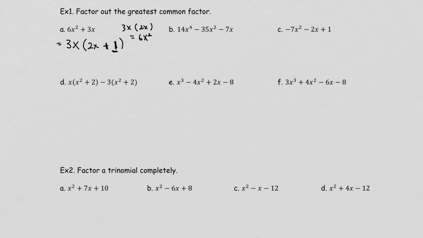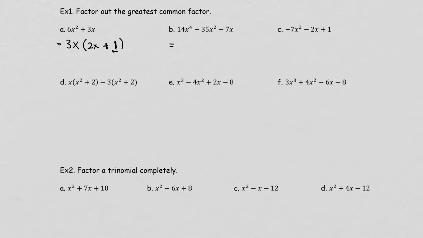So let me erase this, and let's try the next one. Next one, we have 3 terms. The first thing you want to do when you're trying to factor is factor out the greatest common factor. That's going to reduce your numbers, so you don't have to deal with the bigger numbers.